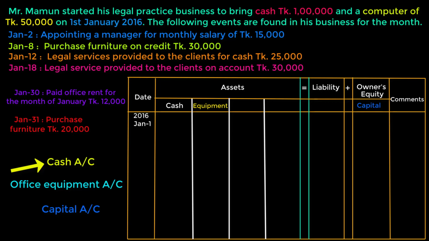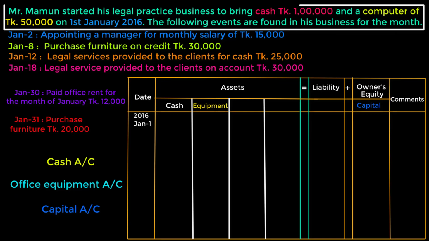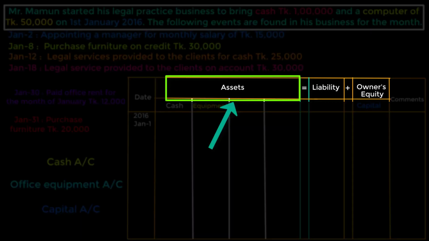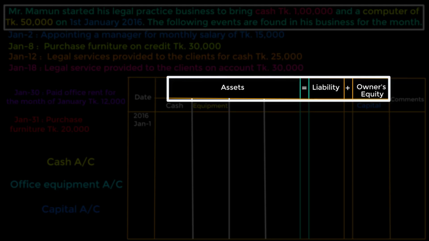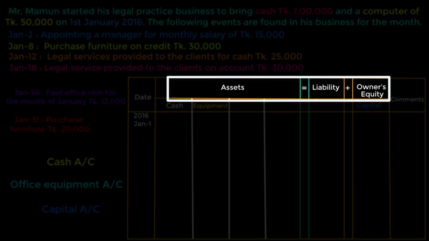As cash is the element of assets, office equipment is the element of assets, and capital is the element of owner's equity, therefore, for this transaction, both the left hand side and right hand side of this equation will be changed. That means we will have to apply here trick 1.